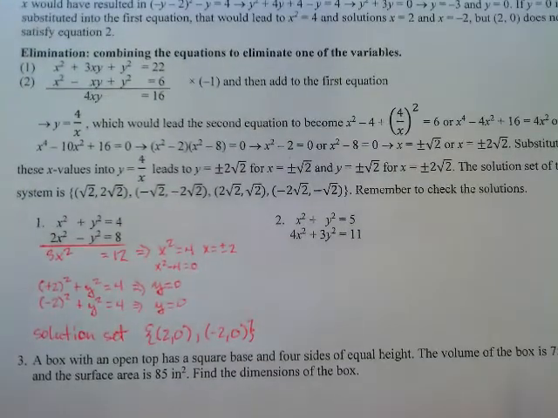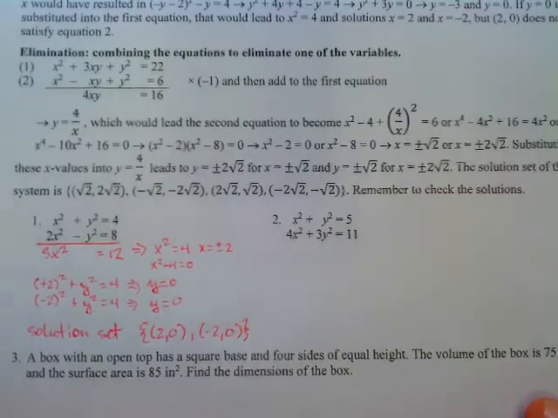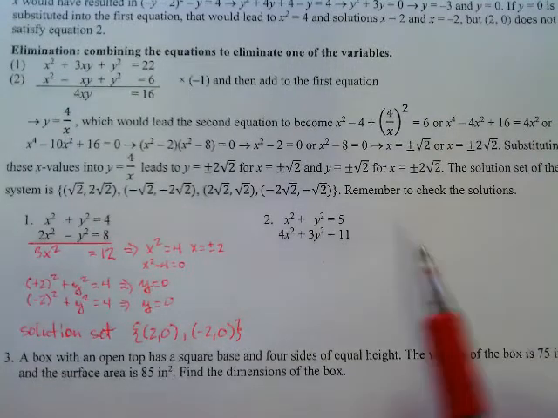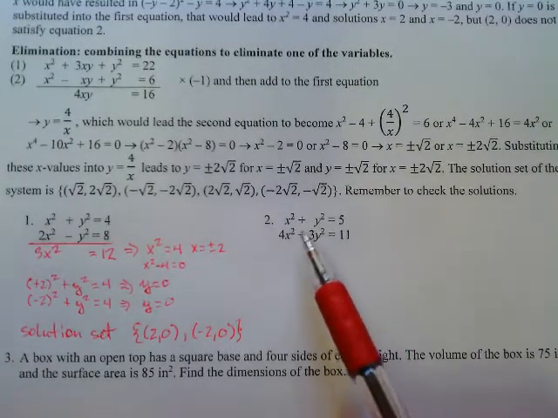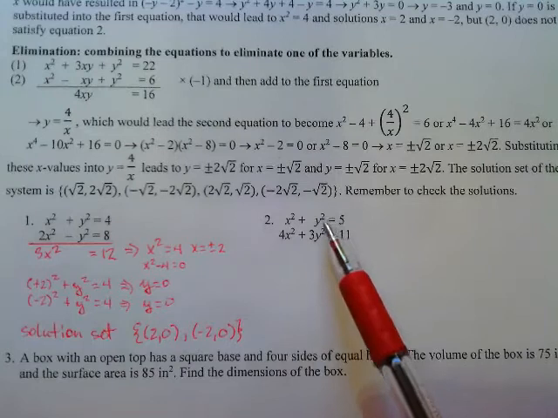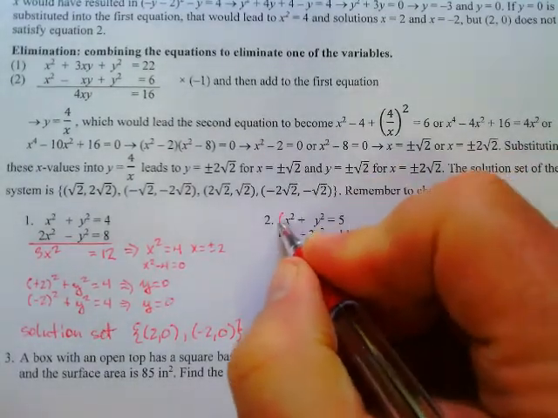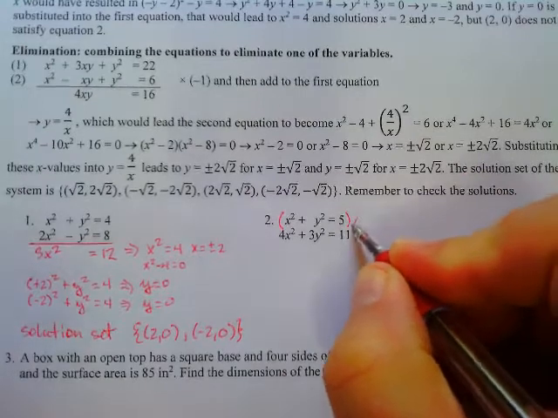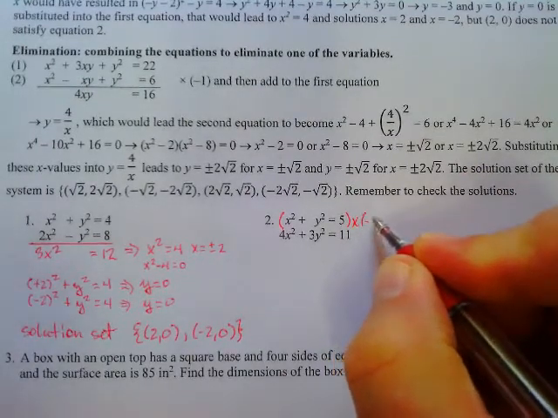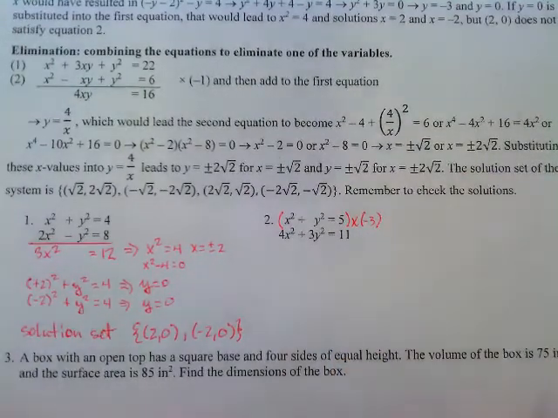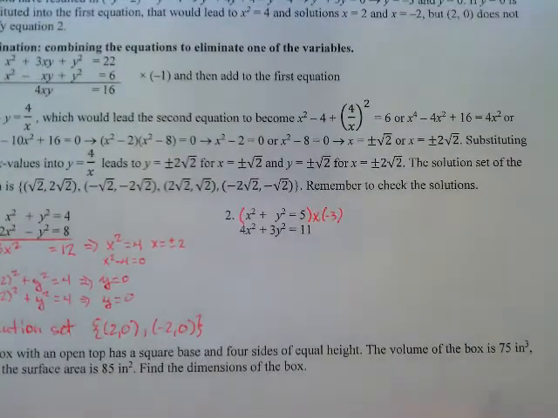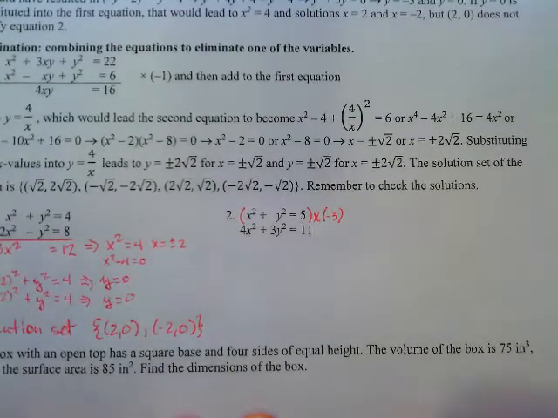All right, so let's see. Here I have x squared, 4x squared, y squared, 3y squared. So one solution I can do is I can take everybody here and go times negative 3. I have decided to get rid of my y squareds.